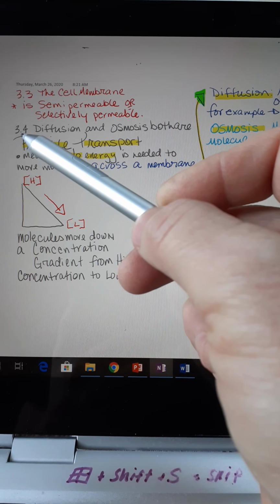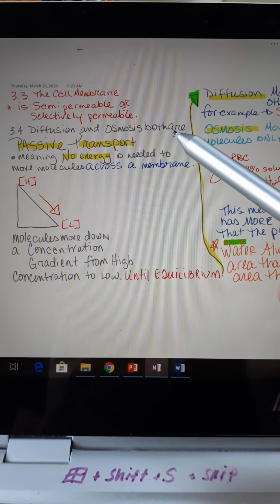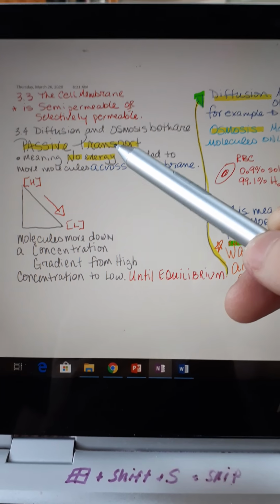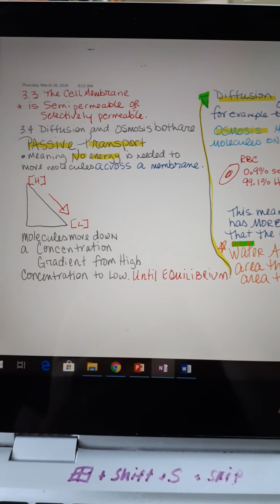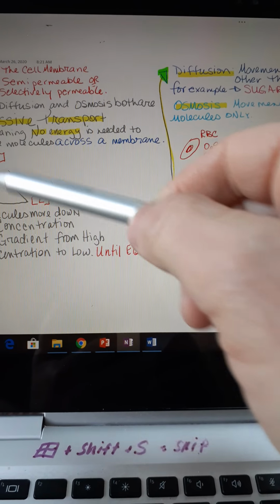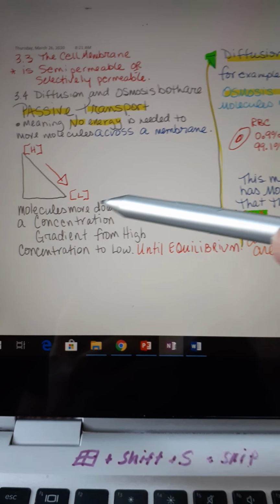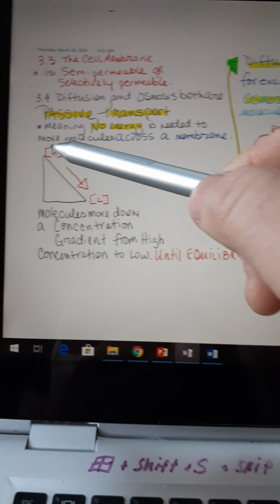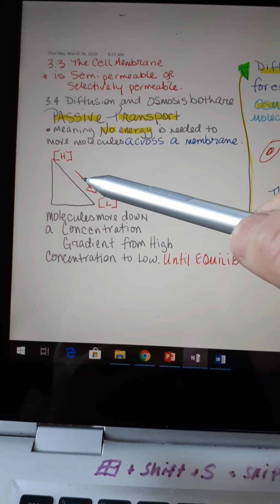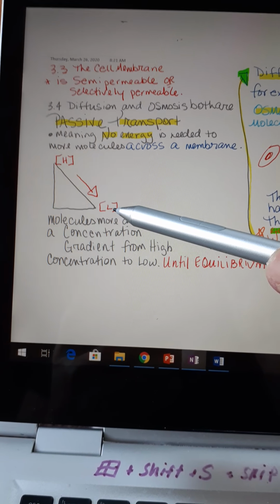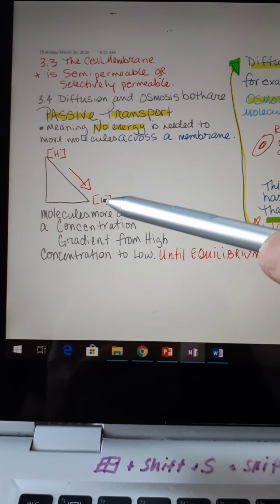Building on that, we have section 3.4, diffusion and osmosis, which both are passive transport, meaning no energy is needed to move the molecules across the membrane. For example, this is a concentration gradient. So the highest concentration of molecules will always flow to an area where there's less molecules.